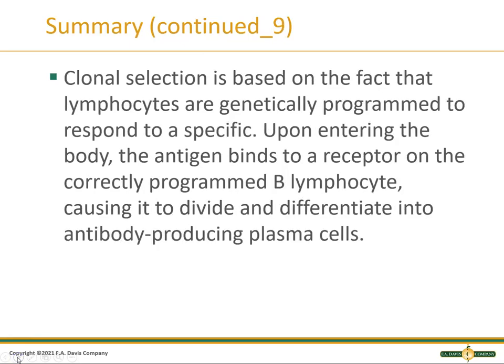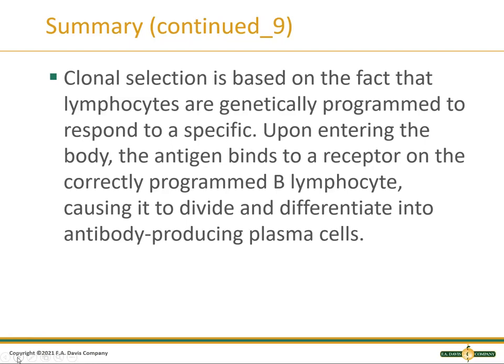So clonal selection is when we talked about how lymphocytes can genetically program themselves to a specific antigen out there. So the antigen binds to the receptor of the correctly programmed B lymphocyte. It will then differentiate and produce antibody-producing plasma cells. It's pretty amazing when you think about it.